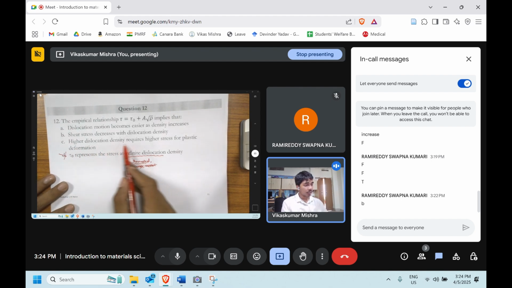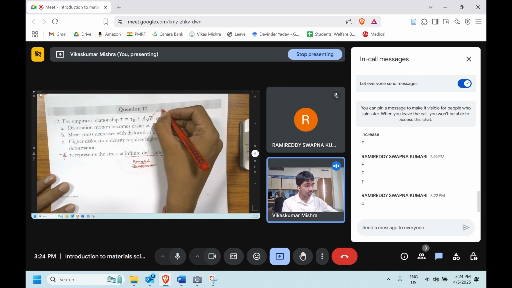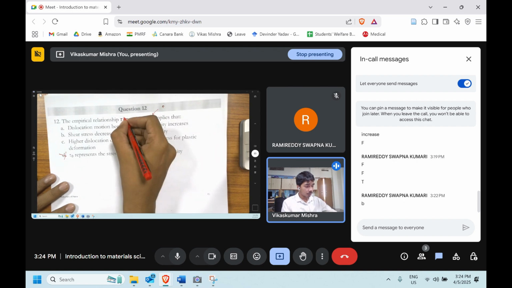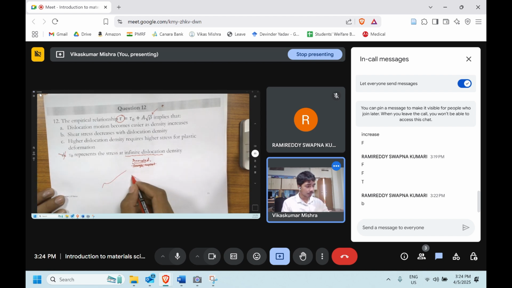Now, higher dislocation density requires higher stress for plastic deformation. See, if the dislocation density is high, the tau CRSS will be high, which is right over here, because if dislocations are more, they will interact with each other more.